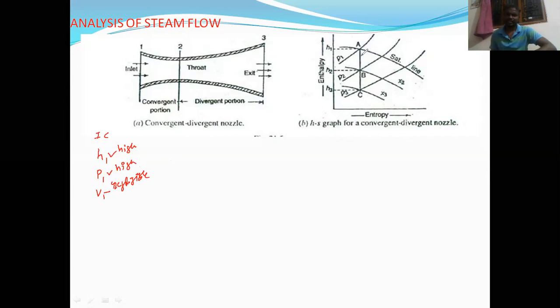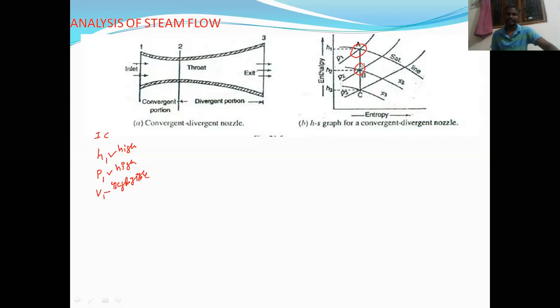Now we can see this in the HS diagram. It clearly explains the inlet condition of the steam. This is the point with the pressure and the enthalpy, and the second one is the throat area.